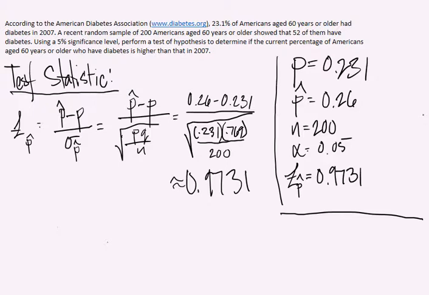When I'm looking at your exams, I should be able to see all of the important information in your graph: definitely your alpha, your p-hat, your z-score, and your p-value also, which we'll talk about.